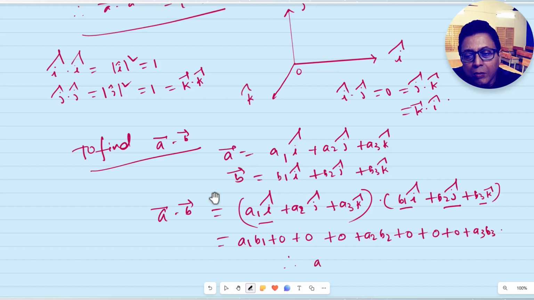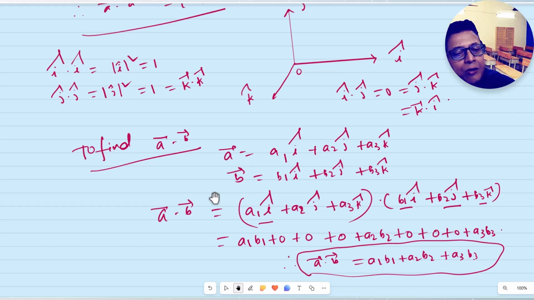So A dot B is going to be A1 B1 plus A2 B2 plus A3 B3.